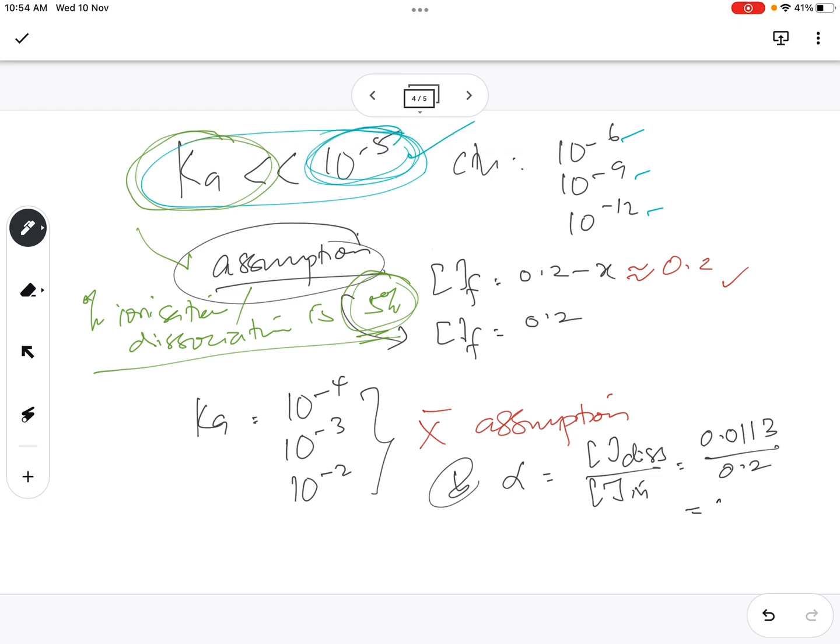I get 0.0565. Did you get it? The degree of dissociation is 0.0565. And if the degree of dissociation is less than 1, it shows that it is a weak acid, because the degree of dissociation is very low, less than 1.